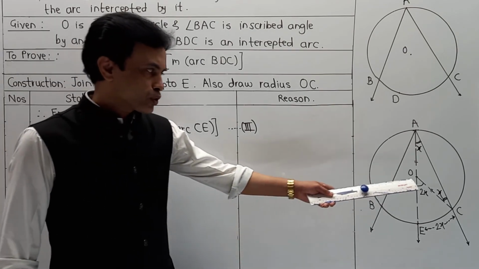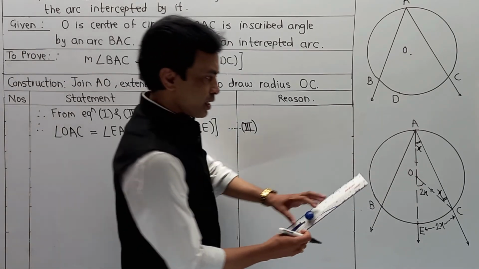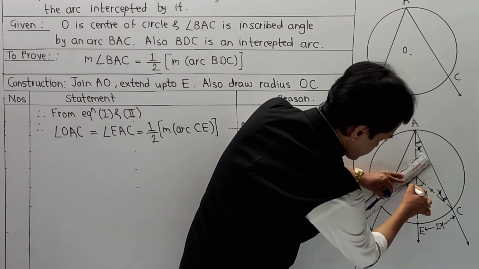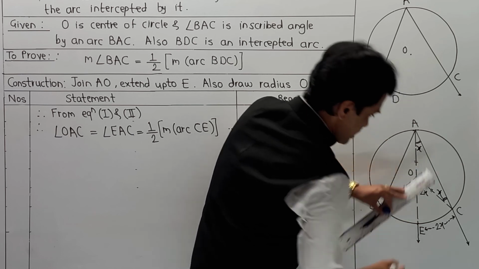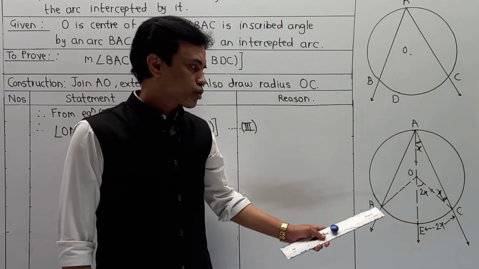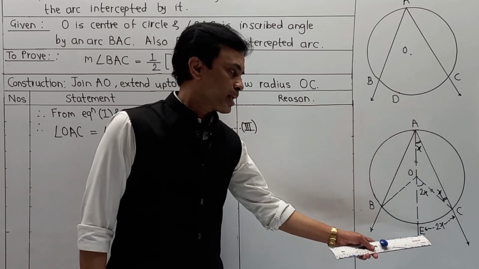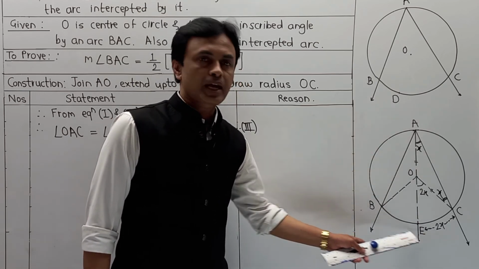Similarly, if we join OB and OE, in the same way we can also prove that angle EAB, or BAE, is half of major arc BE.